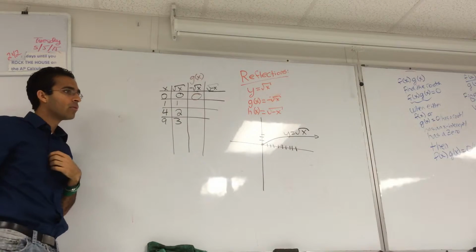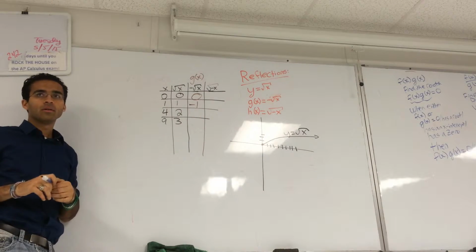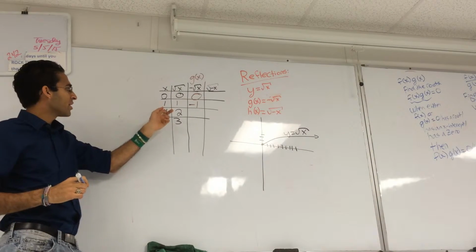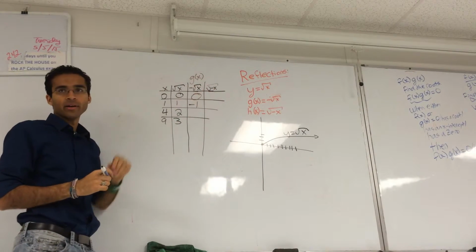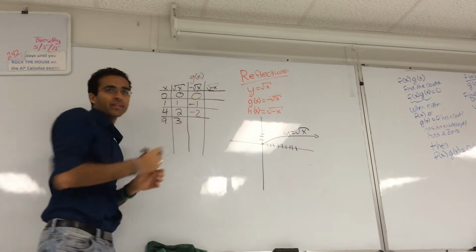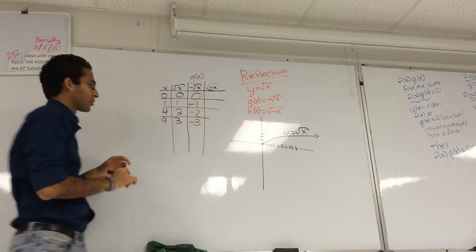Negative 1. Right. And Daniel, if I plug in 4 here, what do I get out for y? Negative 2. Negative square root of 4 is negative 2. You got the negative outside. Right, I could keep going. This would be negative 3, but I think we get the picture.